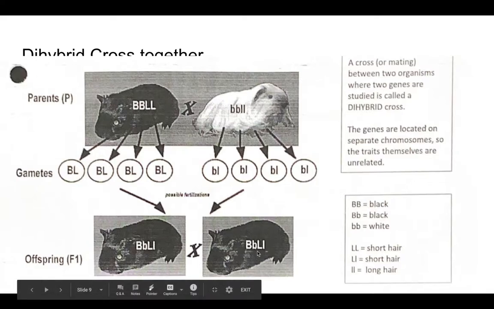So go back to your FOIL method. Big B, big L, that will be in one of the gametes. Big B, little l will be in another gamete. Little b, big L will be in a third gamete, and little b, little l will be in the fourth gamete.